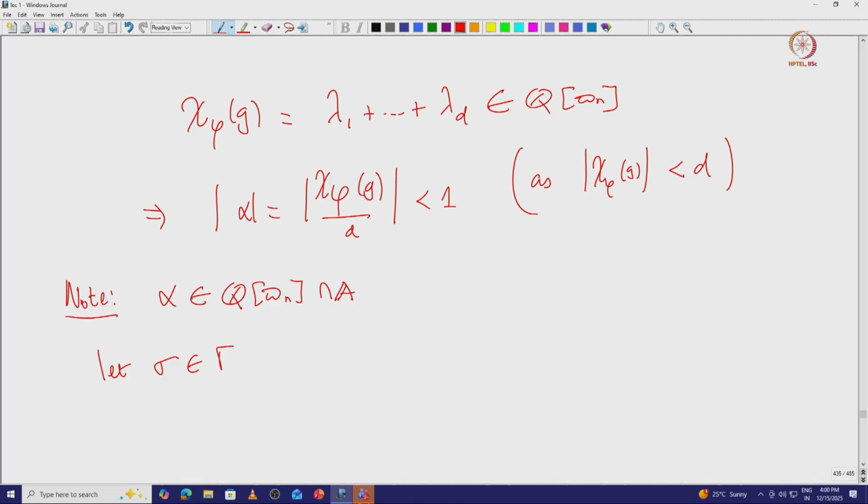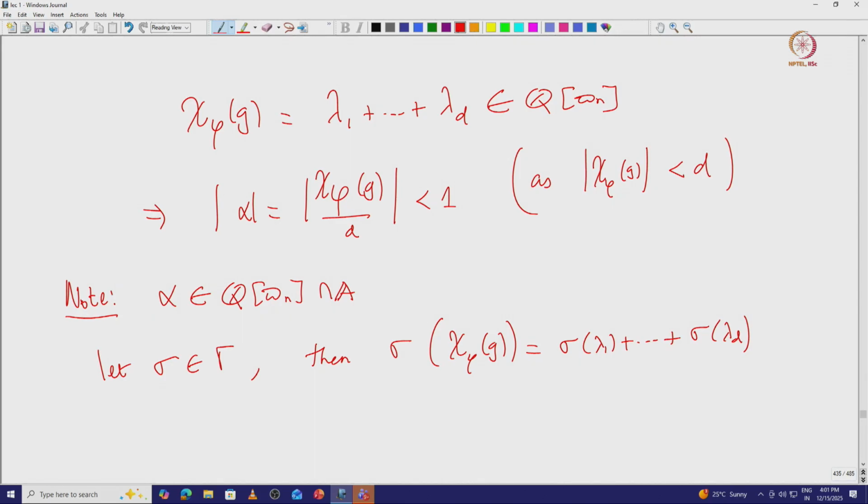Then if you calculate sigma of chi_phi of g, you can see that this gives us exactly sigma of lambda_1 plus etcetera plus sigma of lambda_d. Now note that since the lambda_i are all nth roots of unity, that would imply that sigma of lambda_i are also nth roots of unity.